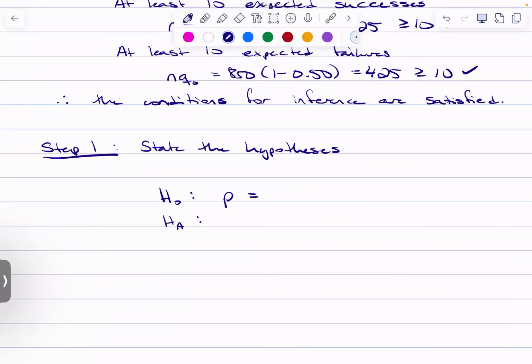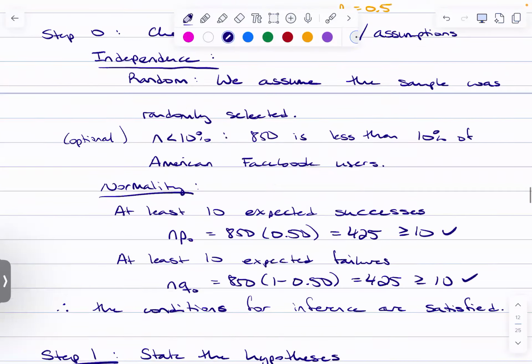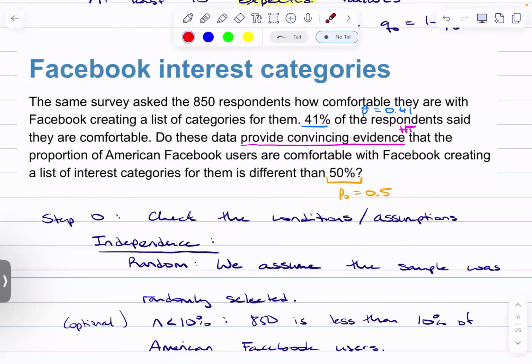And p naught is the number we want to compare our sample proportion to, which from the question, and it'll always be from the question, is 0.5. Is it different than 50% or 0.5?